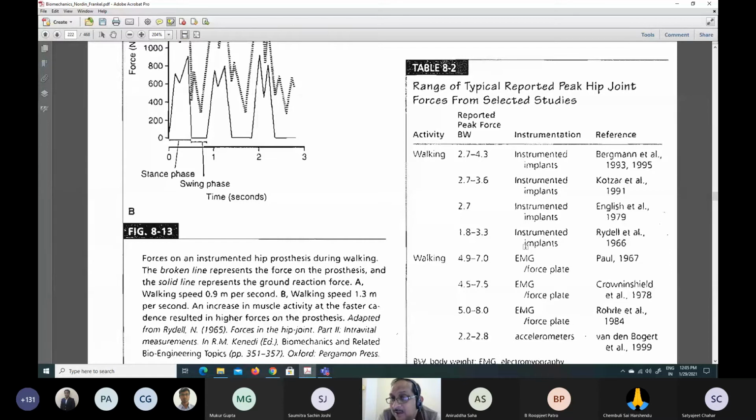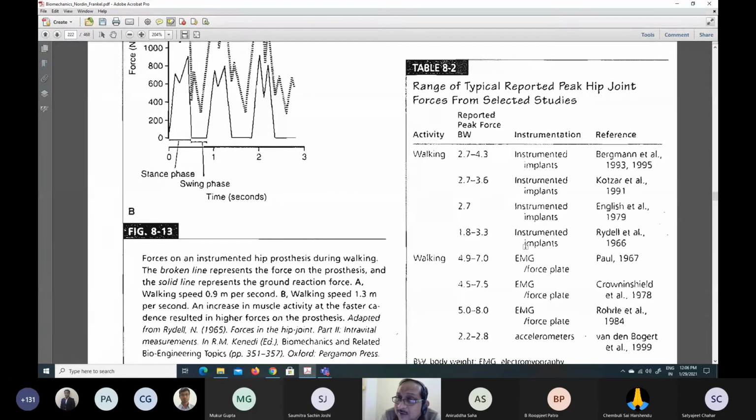If you consider the general case, there is a range which specifies the value of the ratio of the hip joint reaction force to your body weight. But generally speaking, you can always consider the peak joint reaction force to be 2.5 times the body weight.